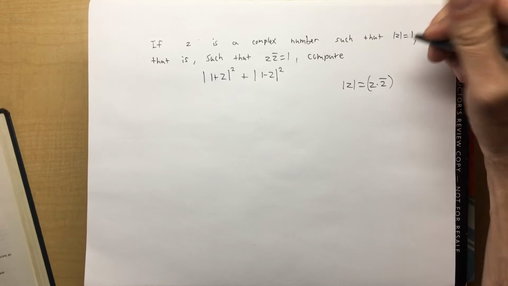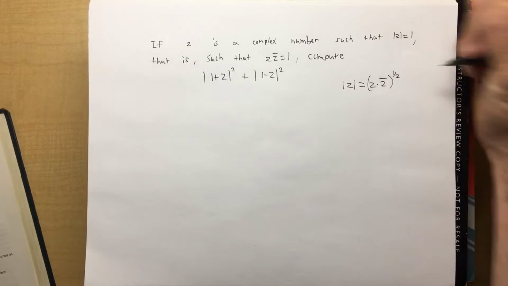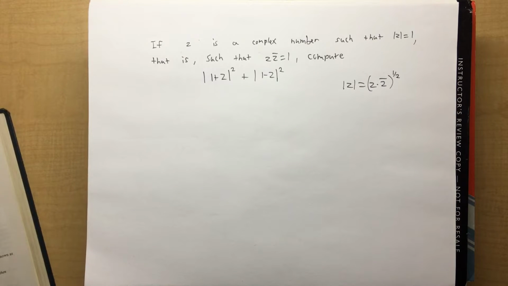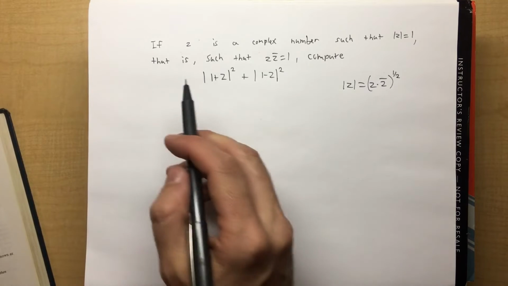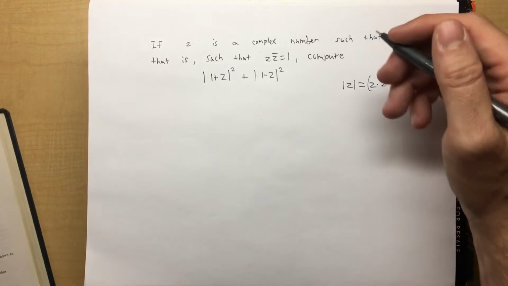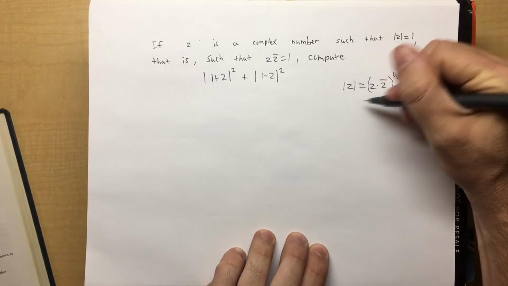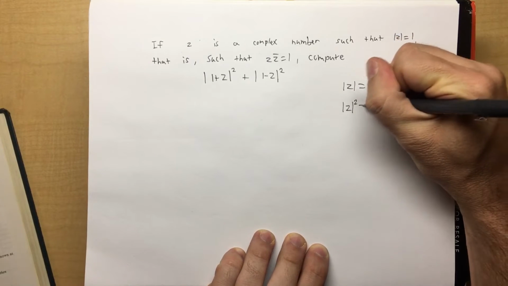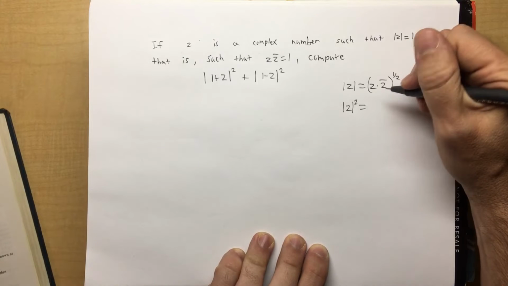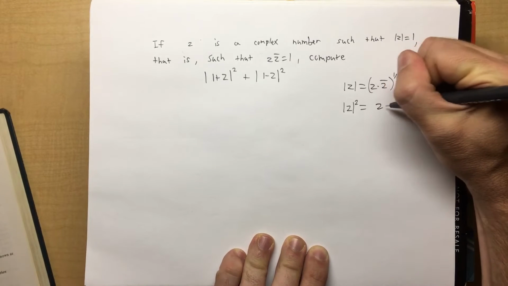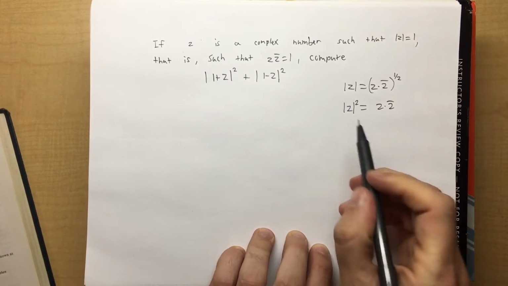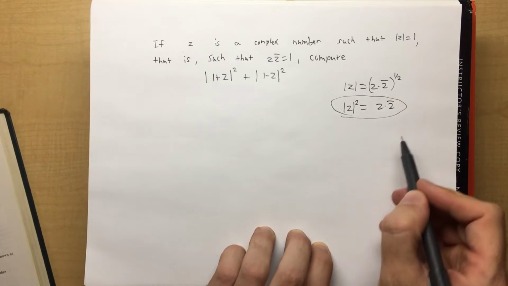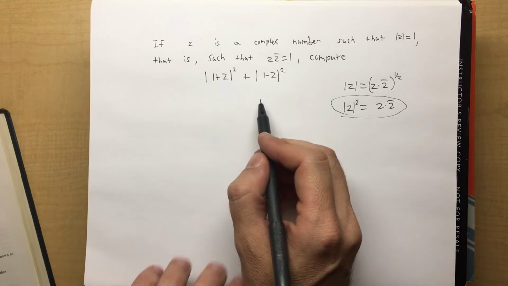So we can just work through this. Another thing to make this simpler is to know that the magnitude of z squared is z times the conjugate of z. And this one right here makes more sense when we're dealing with this.